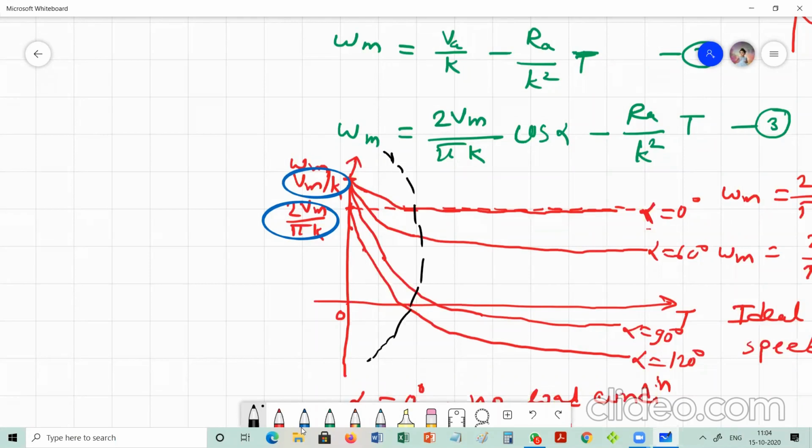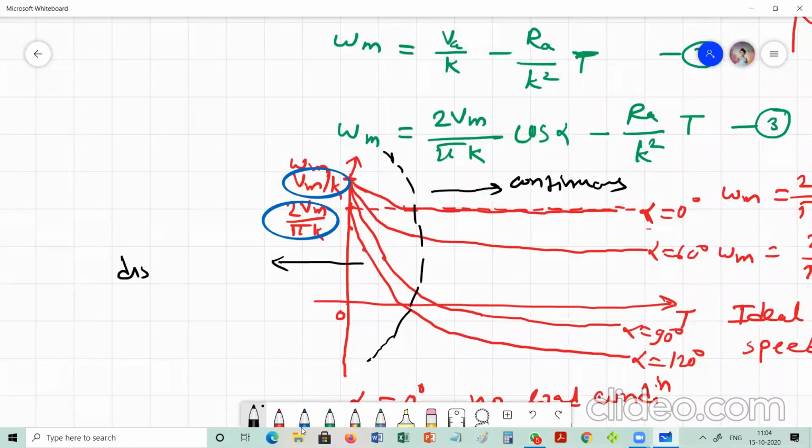You can observe that towards this direction, load on the machine is increasing. Load on the machine is increasing means torque is increasing. Torque is increasing means current is increasing. We can say that we are approaching continuous conduction. So this is the region of continuous conduction. Obviously, on the other side there will be discontinuous conduction.